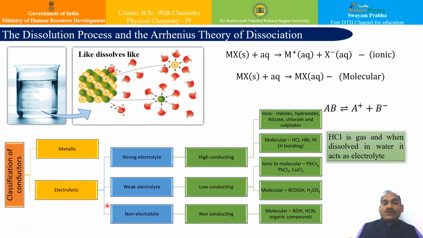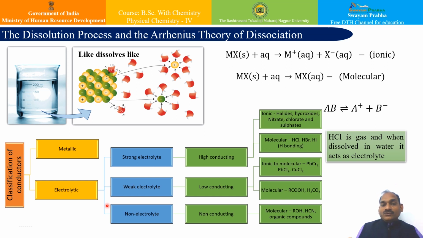A true electrolyte is one which has ionic character even in the pure liquid state, such as NaCl or KCl. However, there are potential electrolytes which are not ionic in the pure liquid state, like HCl or acetic acid. They give you a conducting solution on dissolution in an ionic solvent, isn't it?